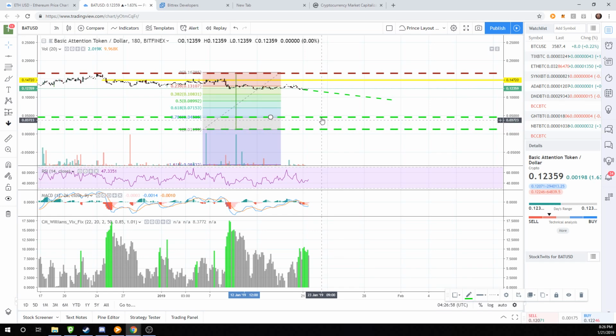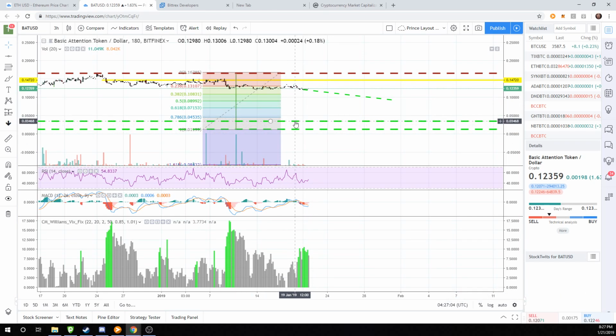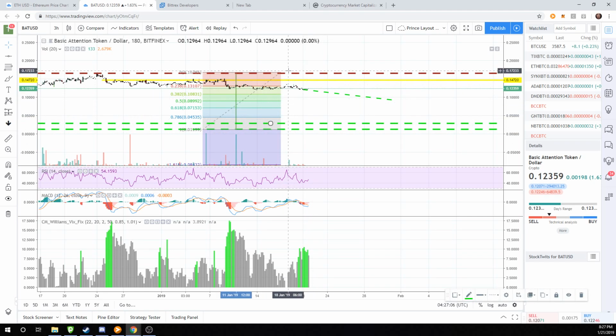Or if you're quadrupling up, your 50% mark is somewhere in here, it gets lower and lower and lower. What this means is that you have less of your portfolio up here, 10% of your portfolio, 5% of your portfolio, 10%, 15, 20% of your portfolio, 30% of your portfolio, 50% of your portfolio, 70% of your portfolio. You're going to be doing a lot of your buying down here.